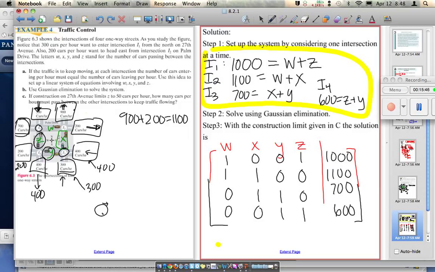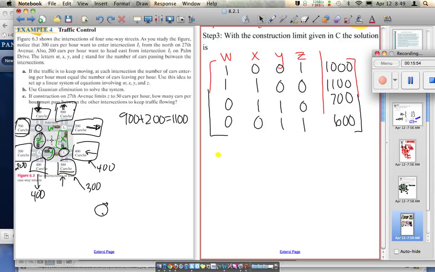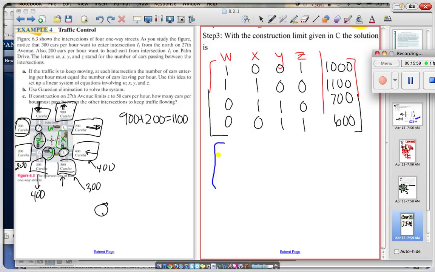It looks like it's going to be a 4 by 5 matrix, and we'll see what we get once we use the reduced row echelon form. When I enter this into my calculator for reduced row echelon form, it gives me a matrix of 1, 0, 0, 0, 0, 1, 0, 0.